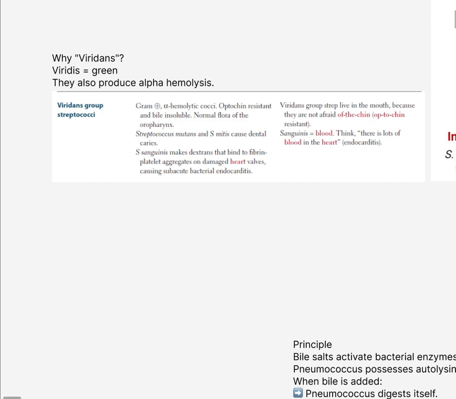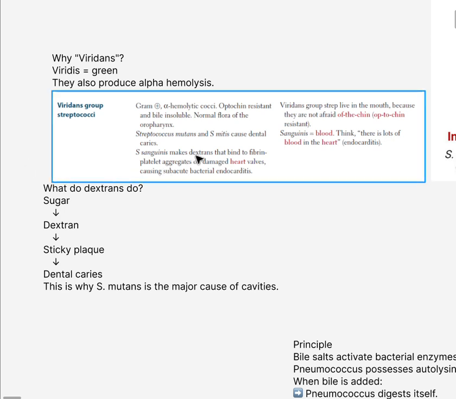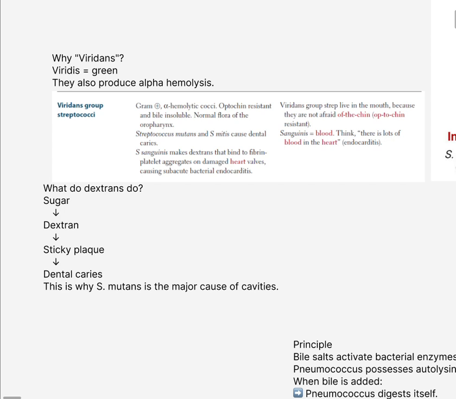Then we have Streptococcus sanguinis, and this is very important. You should remember that S sanguinis makes dextrans that bind to fibrin-platelet aggregates on damaged heart valves. Now let's break this down. The patient gets a damaged valve. Why will a patient get a damaged valve?